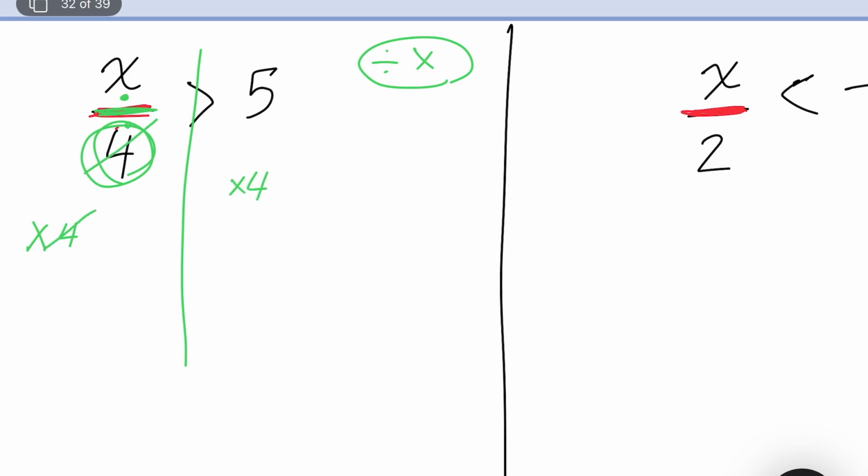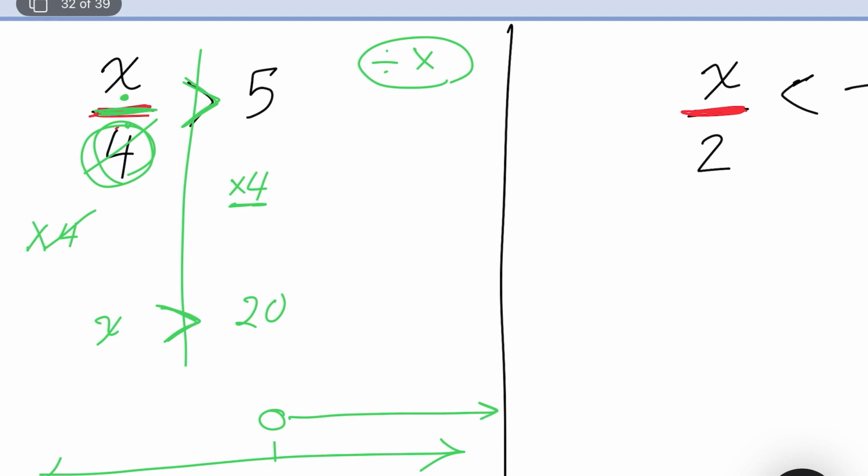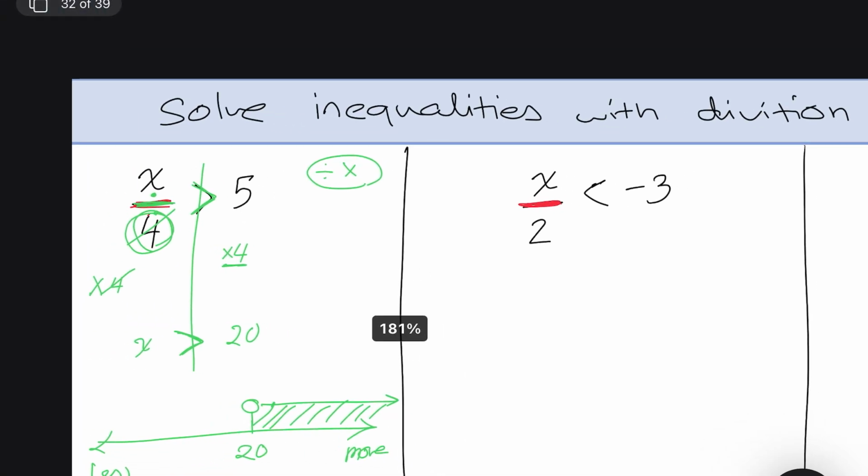It's cancelled, and now I have my variable isolated. Since I multiplied by a positive number, my inequality sign will stay the same. I'm not going to flip it. 5 times 4 is 20. Just graph your answer. So more than 20 is an open circle pointing to the right, because greater numbers are on the right, and less is on the left.